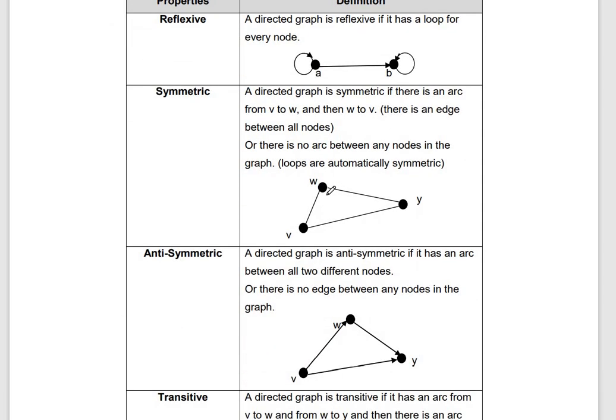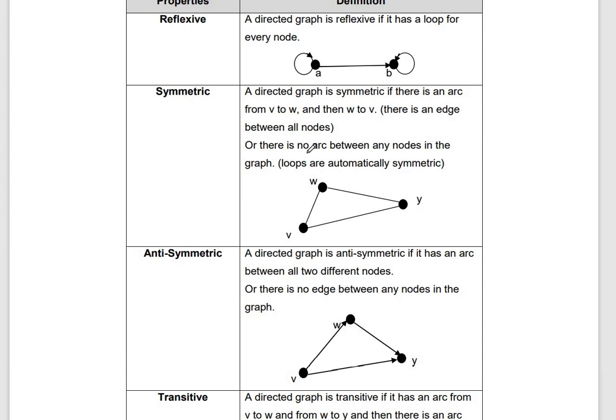Okay. Next is symmetry. A directed graph is symmetric if there is an arc from V to W, then W to V. This is an edge between all nodes. Dia akan symmetry bila semua nodes itu, between that nodes semua ada edge. Arc tak boleh, because arc ni dia jalan satu je. Dia tak boleh ada dua.